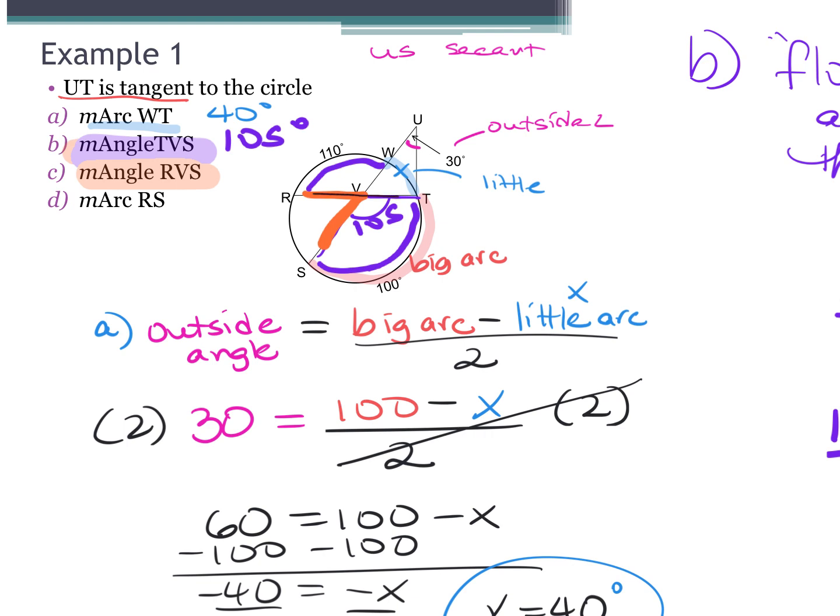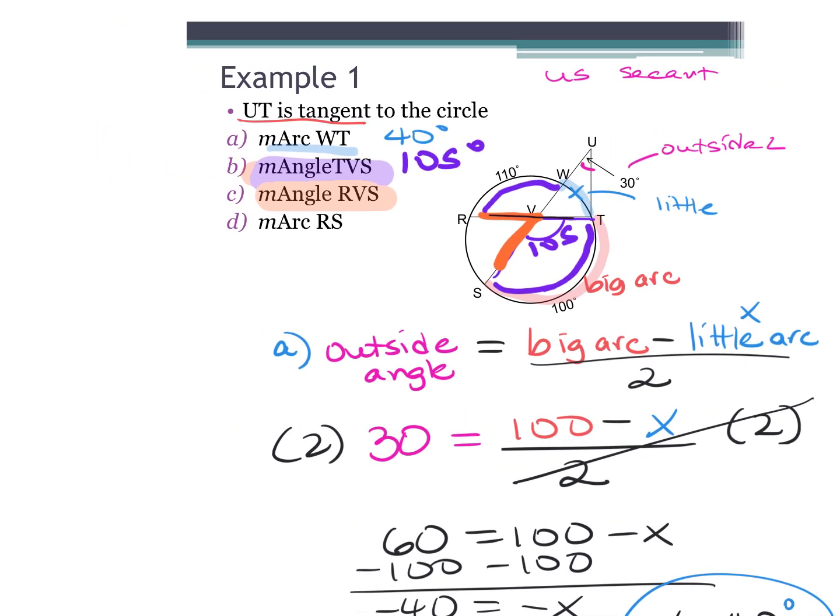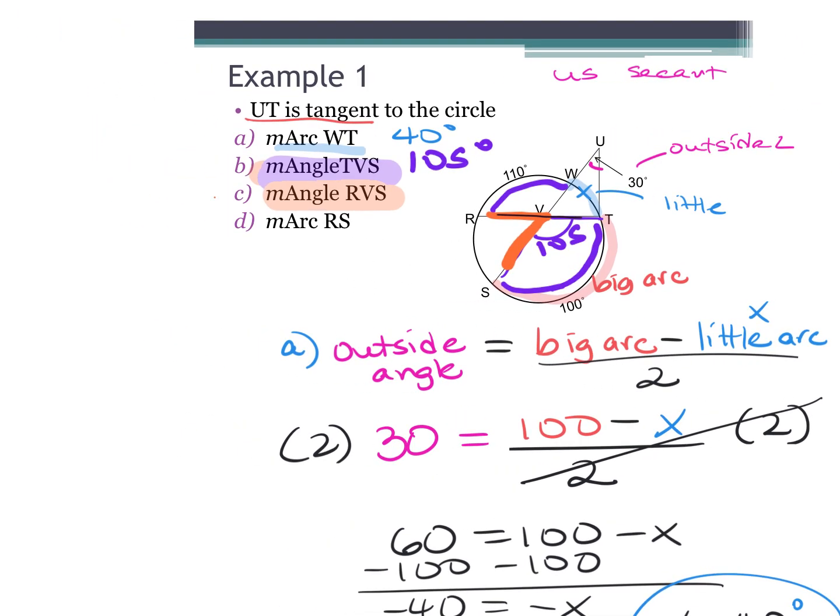So the easiest way to find RVS is to take the angle we just found and do 180 minus 105, because they're supplements, and that'll give me RVS. So 75 degrees is equal to angle RVS.